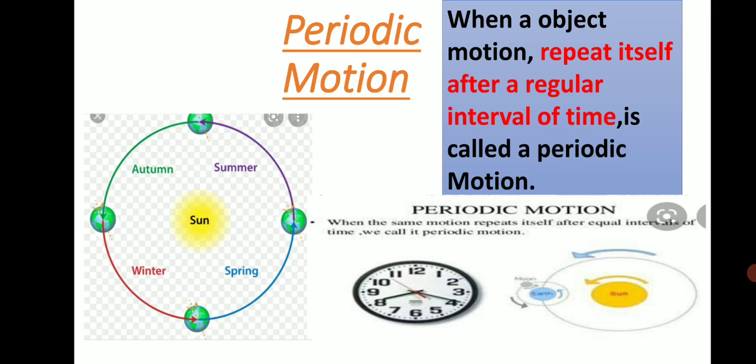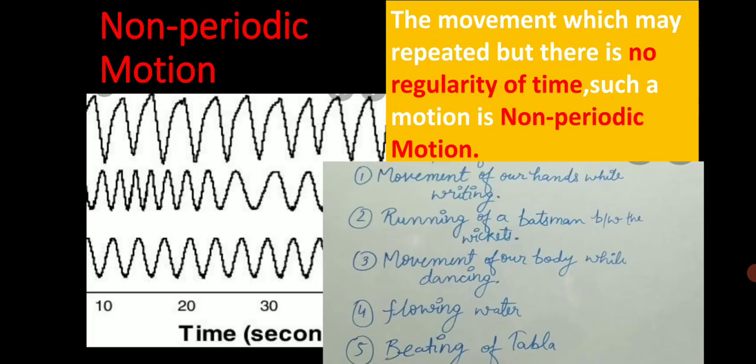For example, the motion of the earth as it revolves around the sun once every year, or the motion of the hand of a clock, are examples of periodic motion, because they repeat themselves after a regular interval of time.